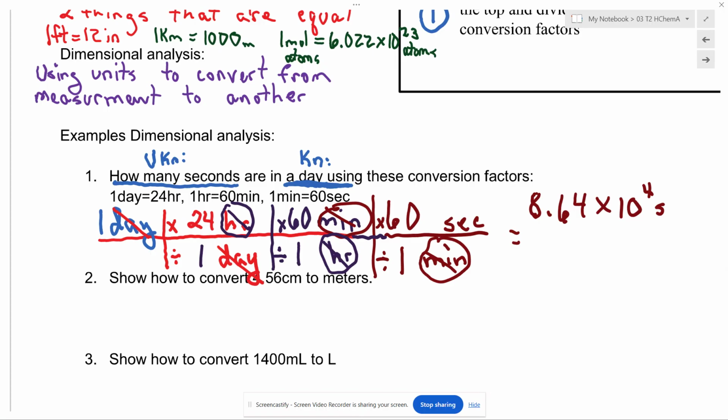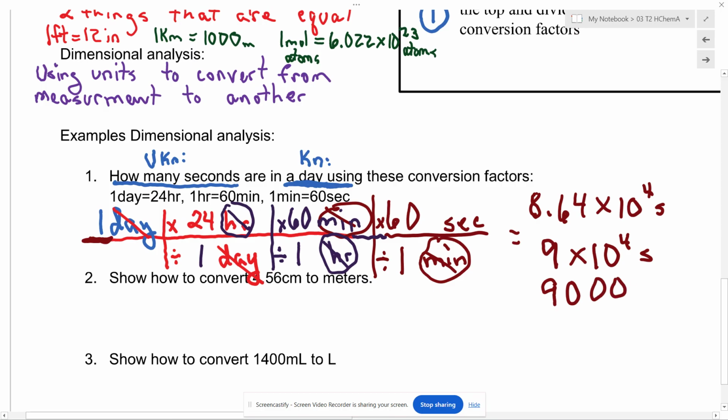We learned we should probably round that to the same as the original measurement of 1 day. So I'm just going to round that to 9 times 10 to the 4. Or it's also okay for you to write that as 90,000 seconds. 90,000 seconds. That is 1 sig fig.